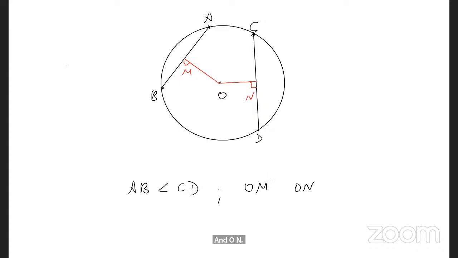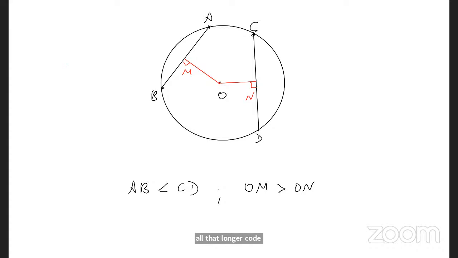OM is greater. Right. So, what does this tell us? That in a circle, the longer chord is nearer to the center, or the longer chord is closer to the center.